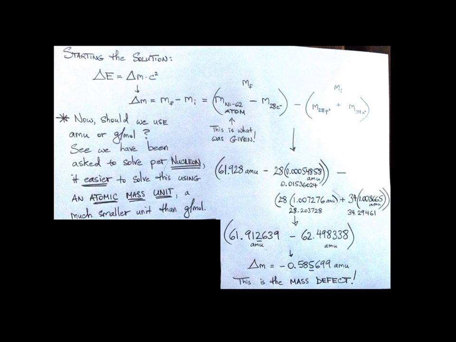So you would just get the mass of the nickel 62 atom minus the mass initial, which would be the mass of the 28 protons plus the mass of the 34 neutrons plus the mass of the 28 electrons. You can do that. Again, there's actually not much difference. The math would be exactly the same.